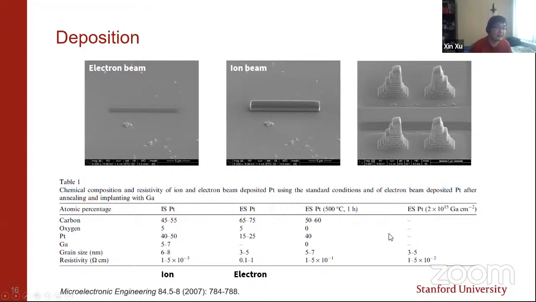The second thing we can do is a gallium implantation, which simply uses the ion beam to image this area. You can improve the conductivity by 2 orders of magnitude, or reduce the resistivity by 2 orders of magnitude.